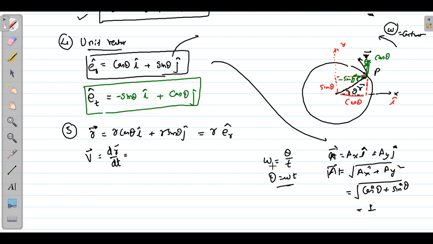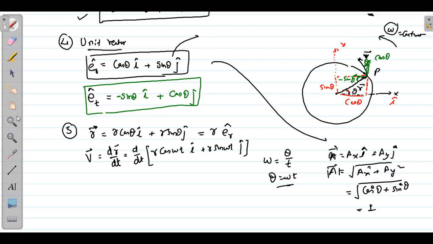That means if the object covers theta angle in t time, then angular velocity omega equals theta by t, or we can replace theta with omega t. So we write here d by dt of r cos omega t i plus r sine omega t j.